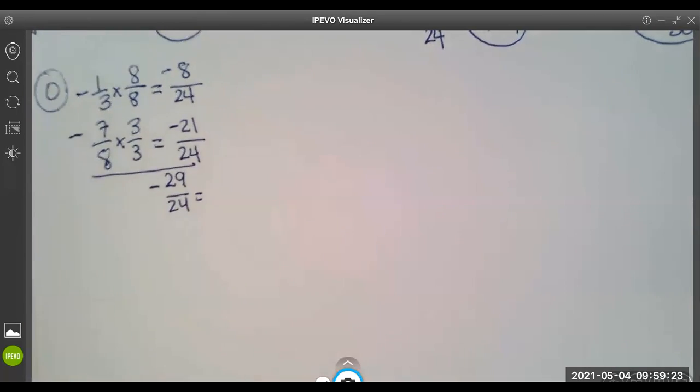Is this simplest form? No. Can I divide 29 and 24 by something to make it simpler?